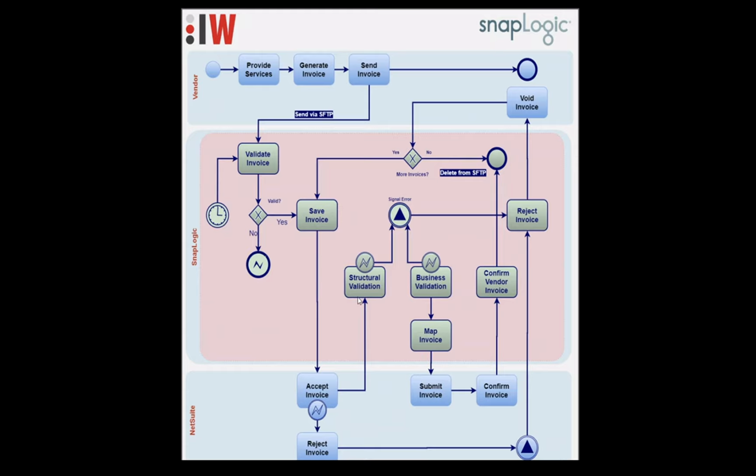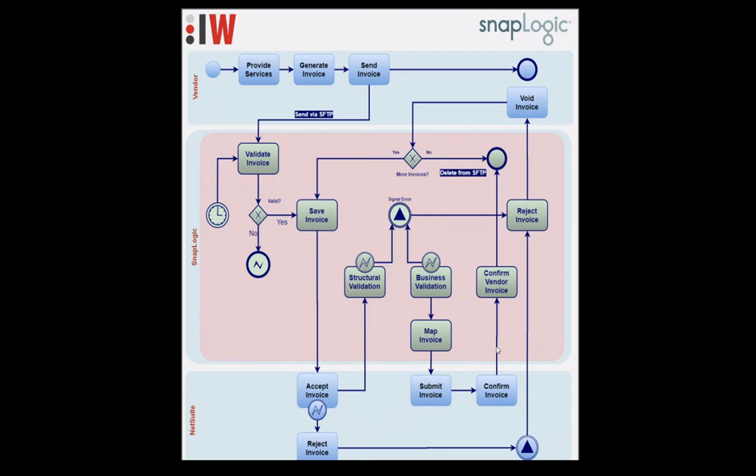Then the second copy of the file is validated against the constraints regarding the fields and the structure of the file, and a second validation will be made using the business requirements from the client. Once both validations are done successfully, we map the input data appropriately and submit the invoice in NetSuite.